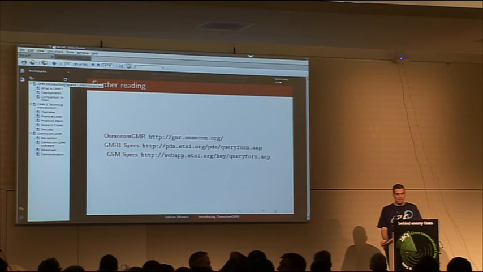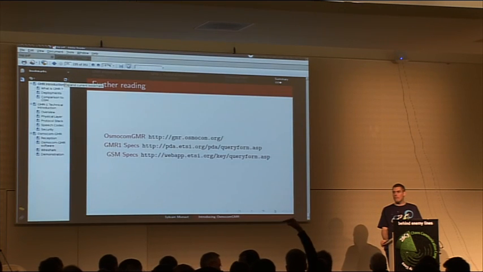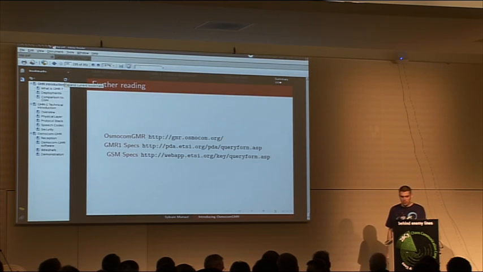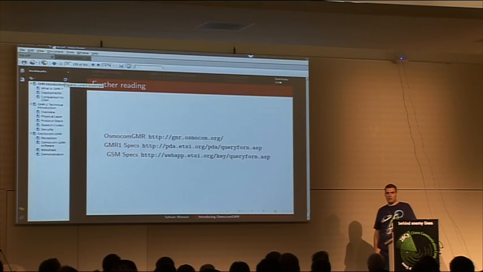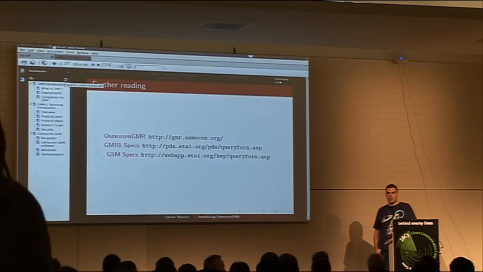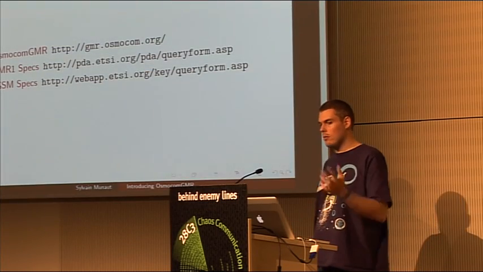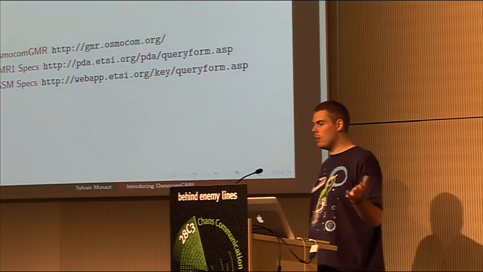I have a question. Are all the spots active all the time, or do you need to have a phone to activate some spots? The spot beams are all active at the same time, at least as far as we can see, as far as the spec is concerned.